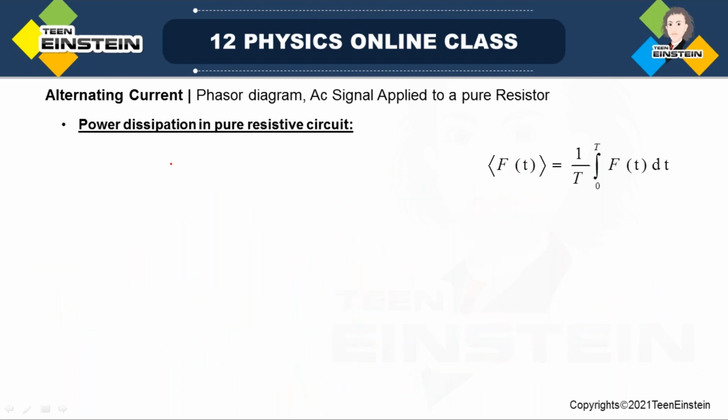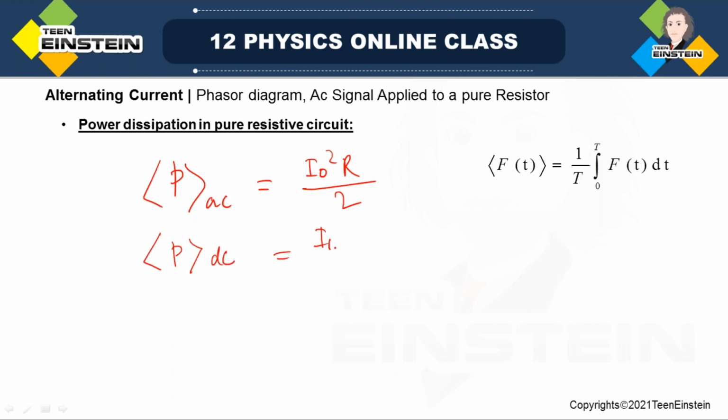I'll just clean it and then I'll write clearly. See, we have seen here average power in AC in case of purely resistive circuit, we are getting I0 squared R by 2. But in case of DC, for the same current, we will be writing just I0 squared R if this I0 is an average value of current.